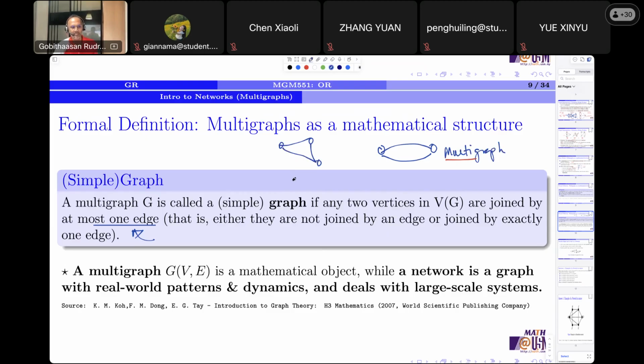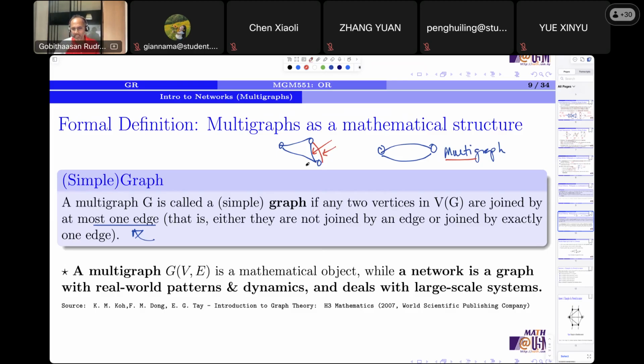So it's a simple graph, or we can just call it a graph. If I add one more edge connecting these two vertices this way, then we have two edges connecting these two vertices, so it becomes a multigraph. That's the difference between a graph and a multigraph.